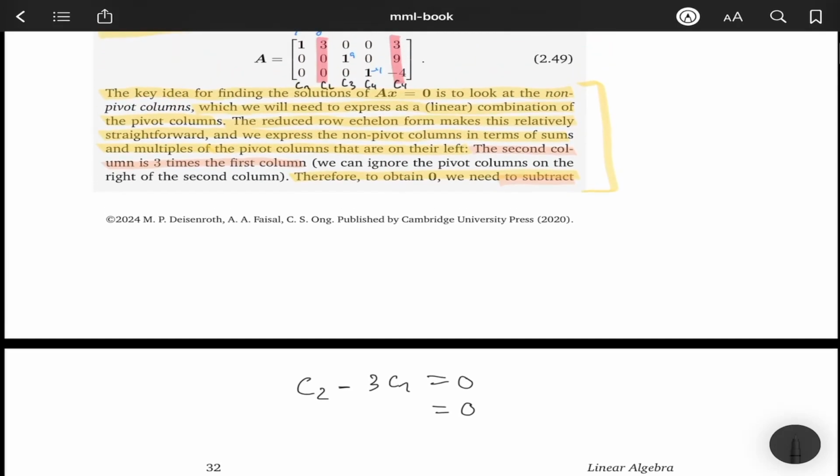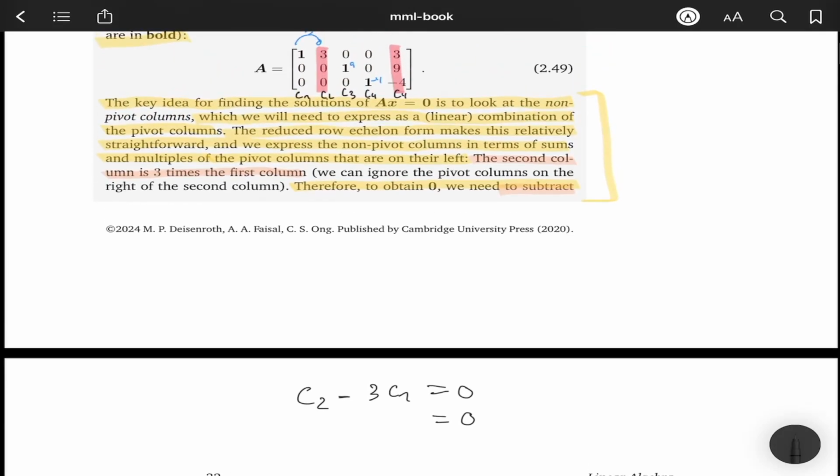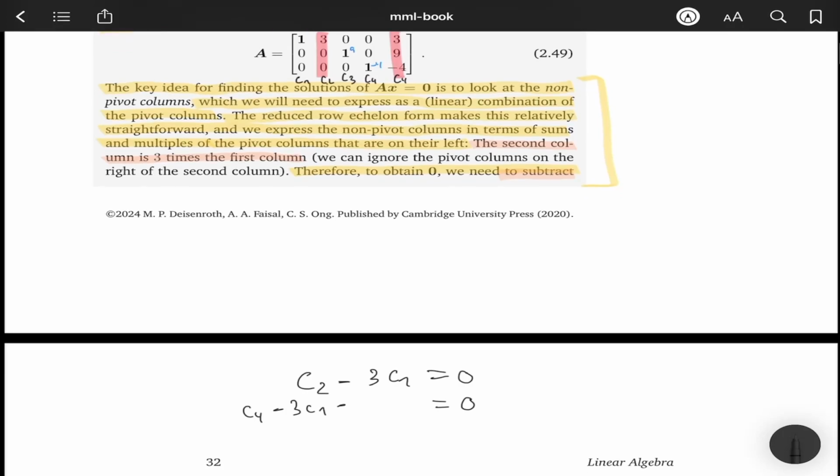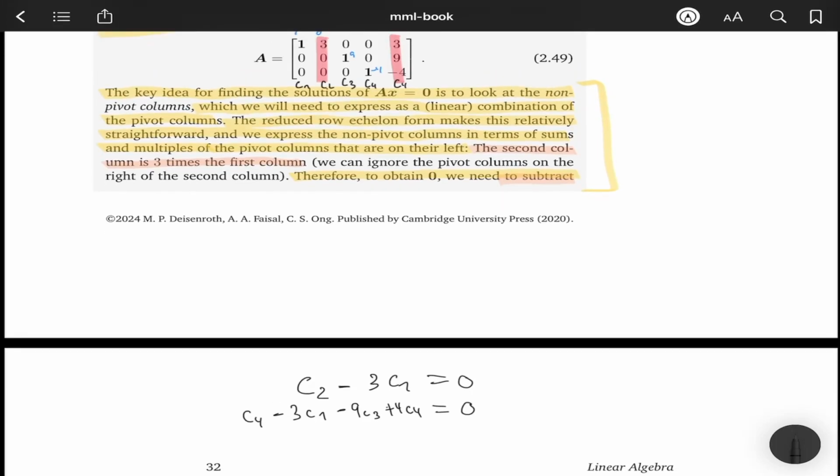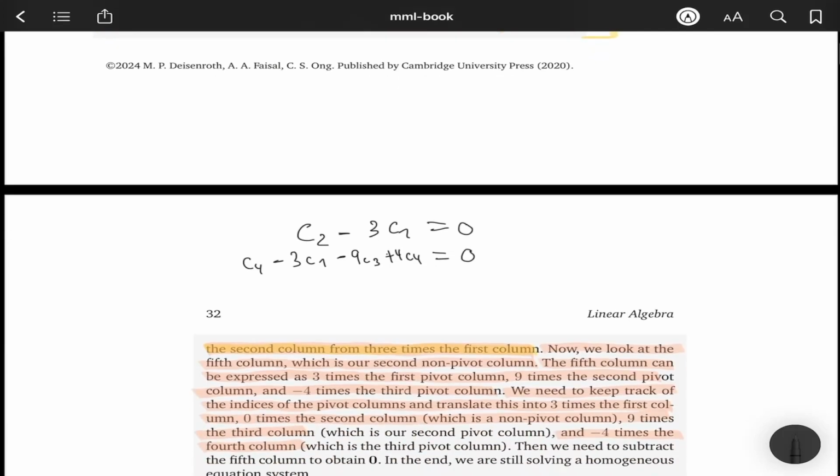And the other one, how to get 0 is we take C4, then we subtract 3 times C1, then 9 times C3, and then minus 4 times C4. Actually, I think this has to be a plus, right? We have to add.